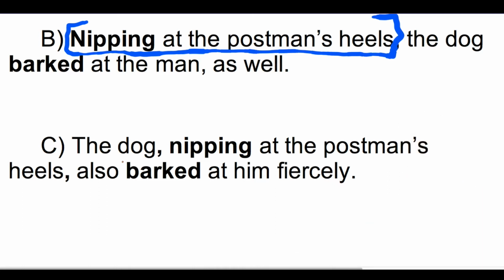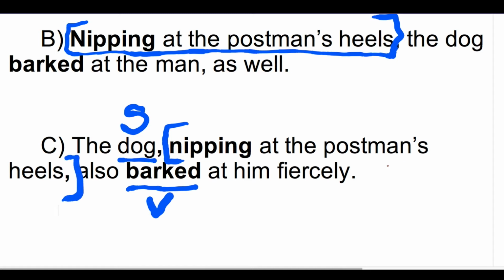So we have the subject, dog. I'll put a big S over that. And then you have the main verb, which in this case, I'll put a V underneath, barked. And you interrupt the subject from the verb, which you shouldn't do very often, with the present participial phrase, nipping at the postman's heels.